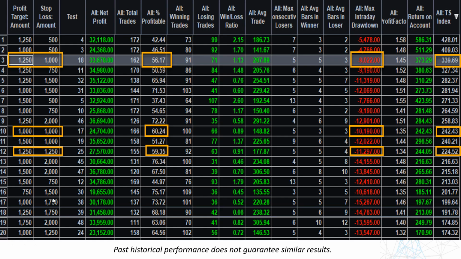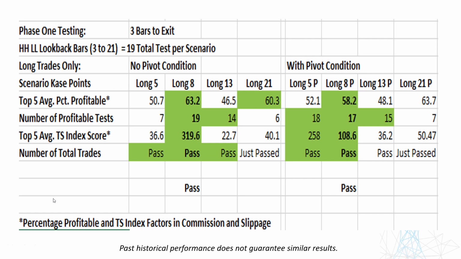Phase 2 was plugging in a profit target and stop loss. So we used an 8-point case bar, trading 2 contracts, and we plugged in different values for profit target and stop loss. What you didn't see on this screen was that I had gone through the performance report for all of these scenarios. I'm looking for things like the maximum excursion for all of these trades.